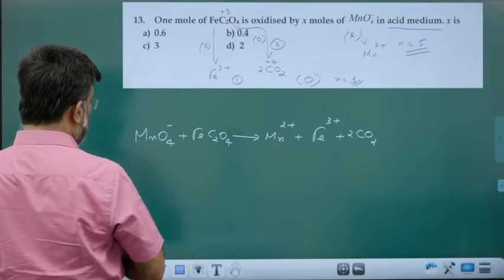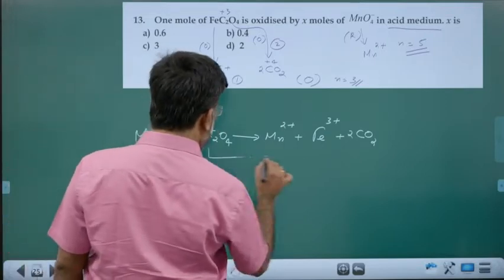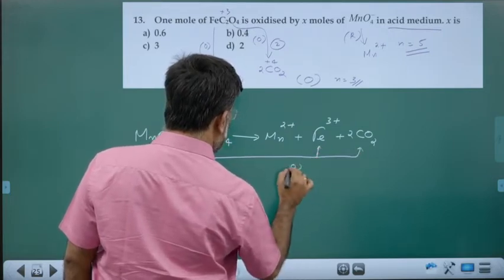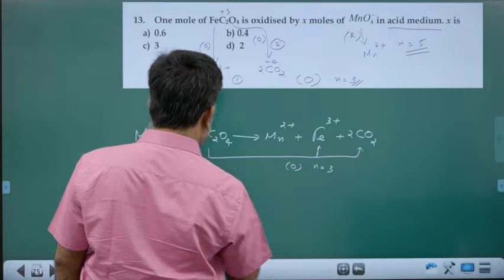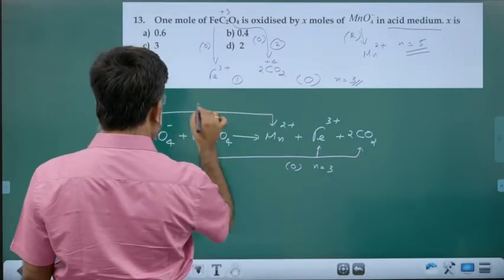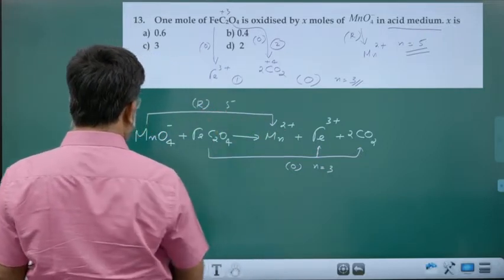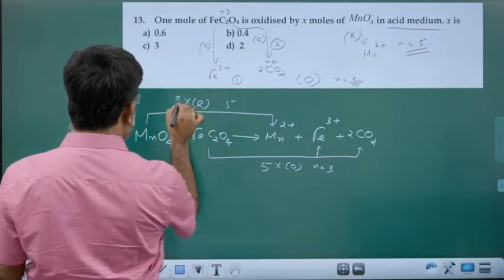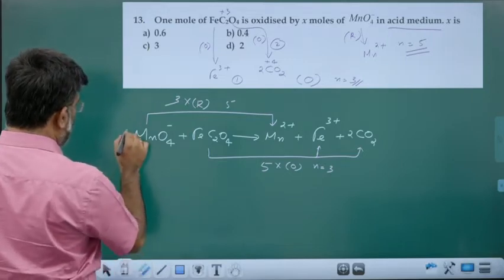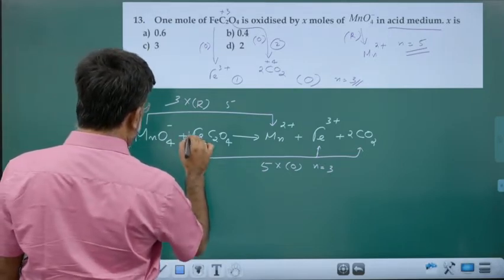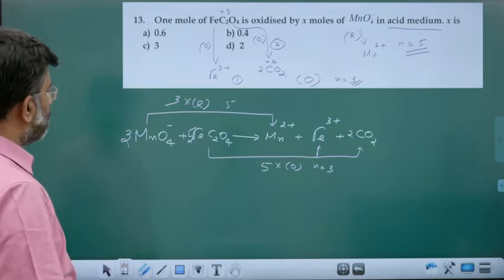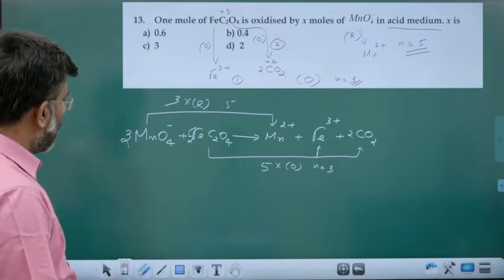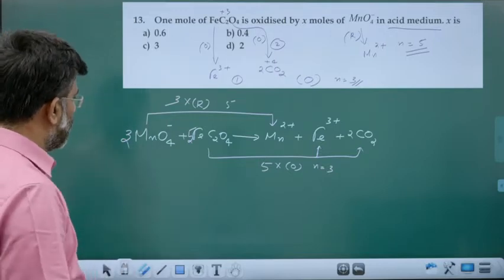So what will happen upon cross multiplying? This is oxidation, n factor 3, and this is reduction, n factor 5. So cross multiplication, you get 5 here and 3 here. So 5 mole ferrous oxalate is oxidized by 3 mole permanganate.